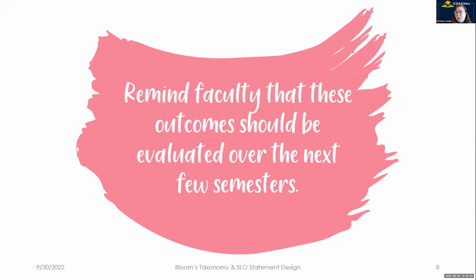Is this still what we want to measure? Is this skill still important? I think that's a little bit of a safety net when you're working with faculty. Let them know, hey, if you do this for a few semesters and you realize this is not working, you can change it. Now, I will say every campus is going to have slightly different approaches, right?